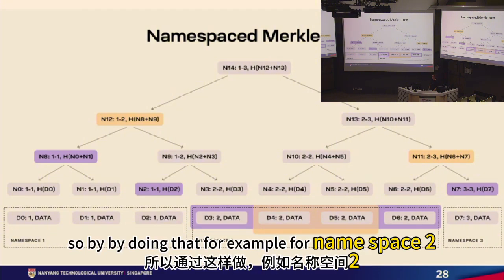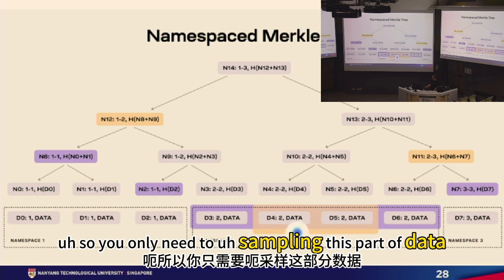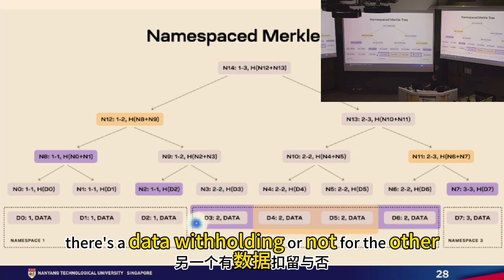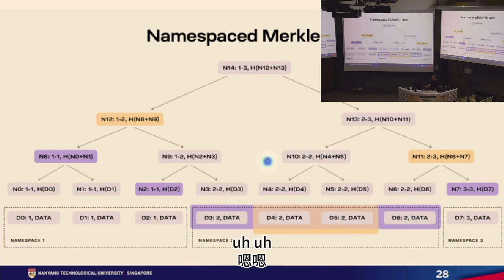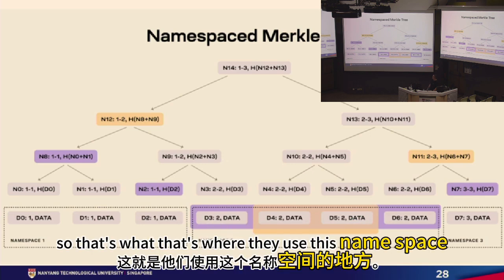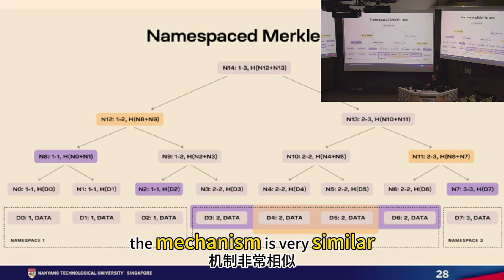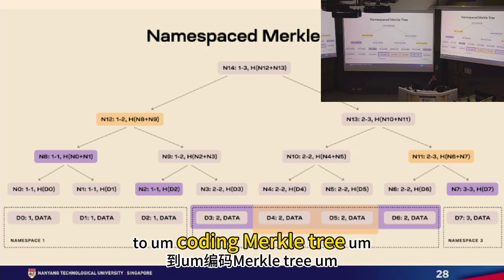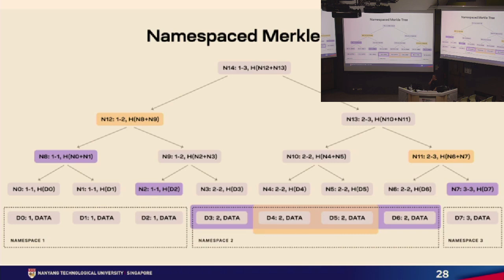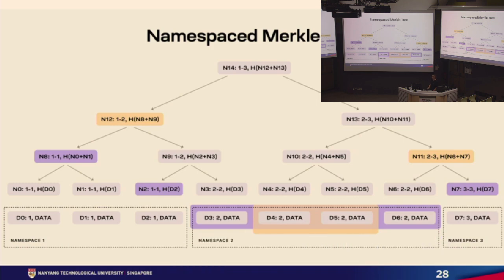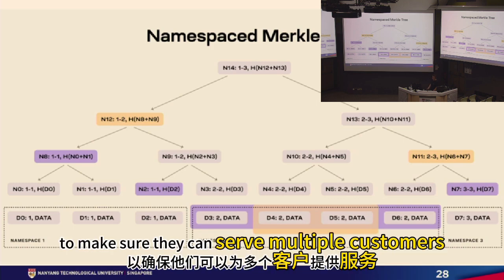For example, for namespace 2, you only need to sample this part of the data, and they are able to validate whether there's data withholding or not for the other chunk of data. So that's where they use this namespace Merkle tree. But underneath, the mechanism is very similar to the coding Merkle tree. They just add another layer on top to make sure they can serve multiple customers.